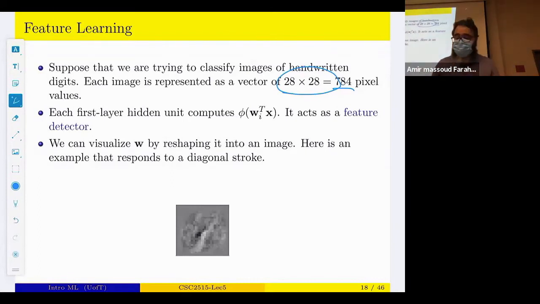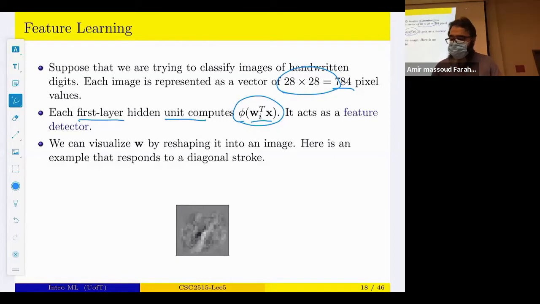Then if we learn a neural network, and we will see how we can do it, and just take one of the units in the first hidden layer, it is effectively computing something like this, some w_i transpose x through some mapping, so through some phi. This would be the output of that unit, and you can interpret it as some kind of feature detector. Feature in this case means features of the images.